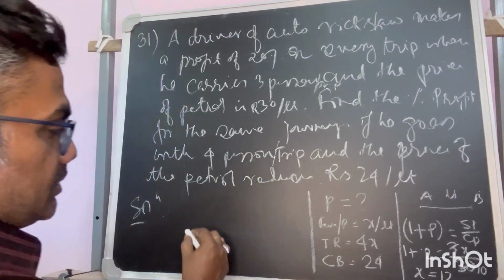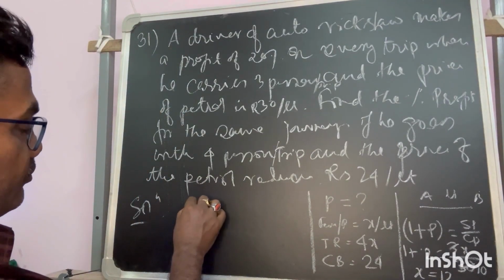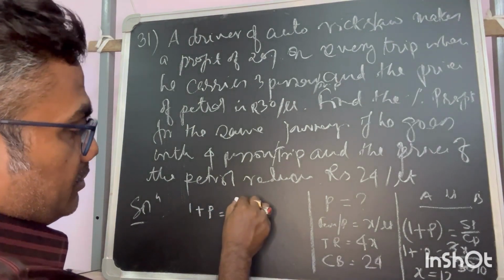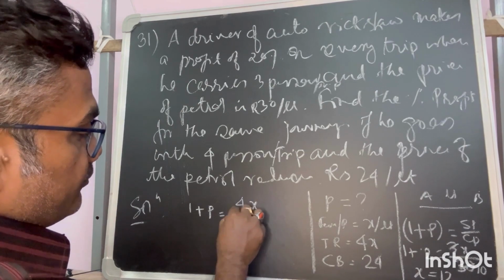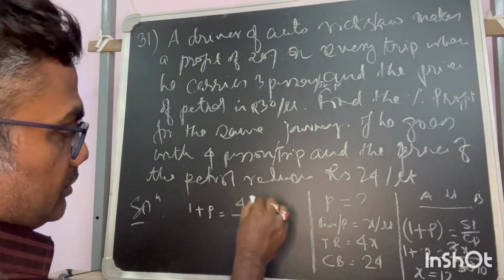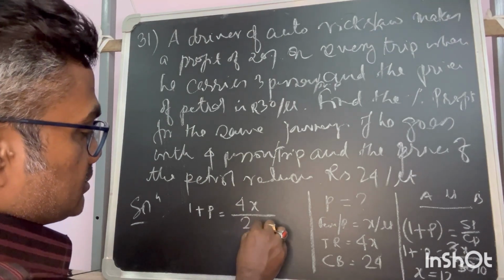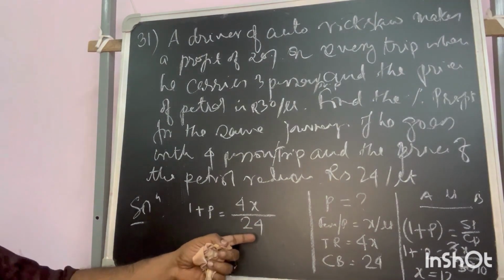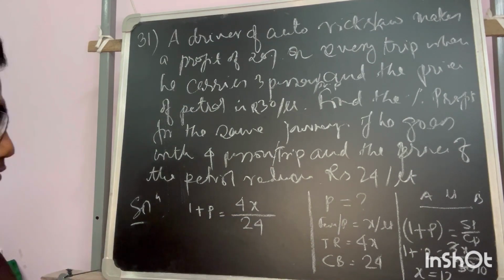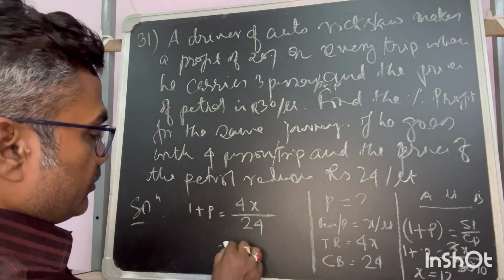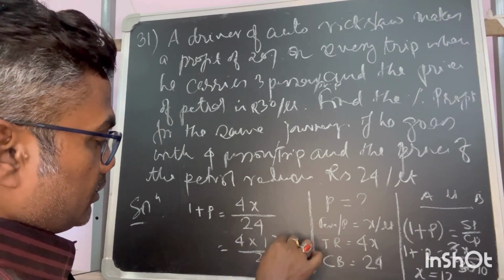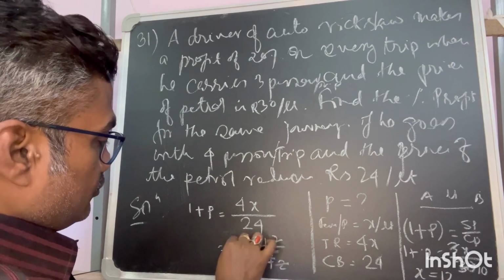In the second case, 1 plus P is equal to the selling price, whatever he is getting from the passengers, 4 into X, by the cost he is paying, 24 per liter. Now 4 into 12 by 24 is 2.